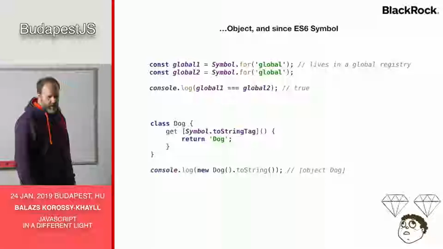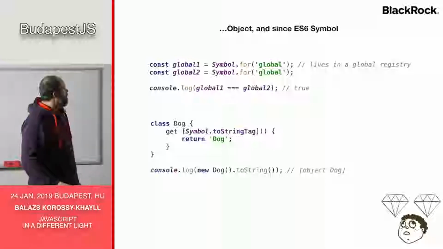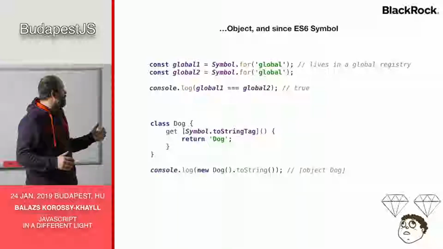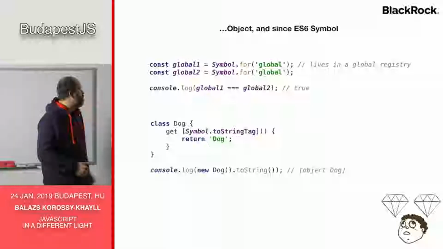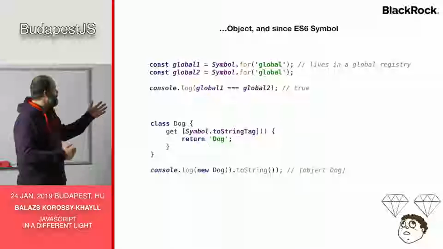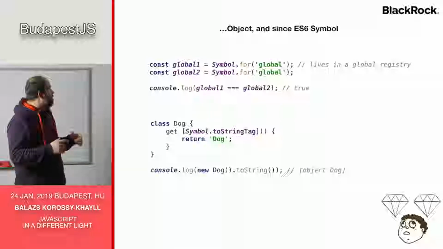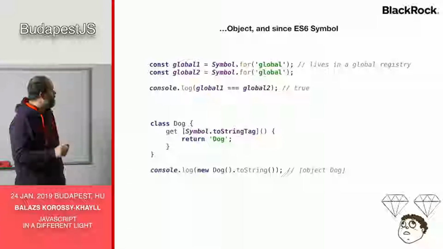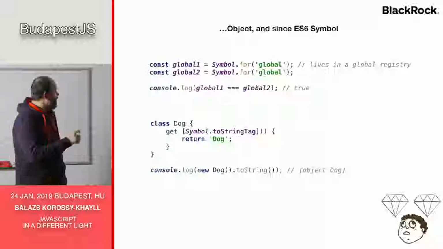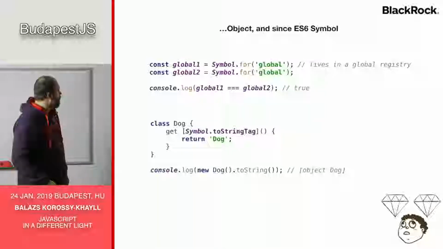These are quite handy because JavaScript has no concept of interfaces, and because we have to be backwards compatible, this is a way to have interfaces, because the symbols do not collide with the normal function names that you may have on the object.